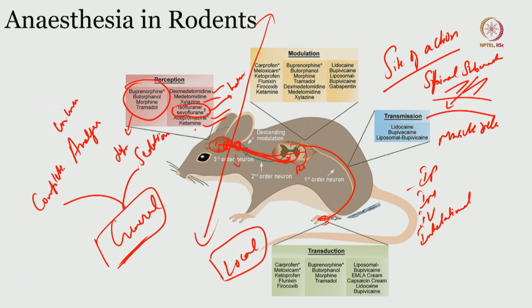If you use it in the subarachnoid space, then both the hind limbs will get anesthetized. If you use it in the cervical space, all four limbs will be anesthetized. If you are going to use it on the brain, then it is going to cause general anesthesia. Alright. So that is an overview of the entire anesthetizing agents that we are going to discuss in detail.